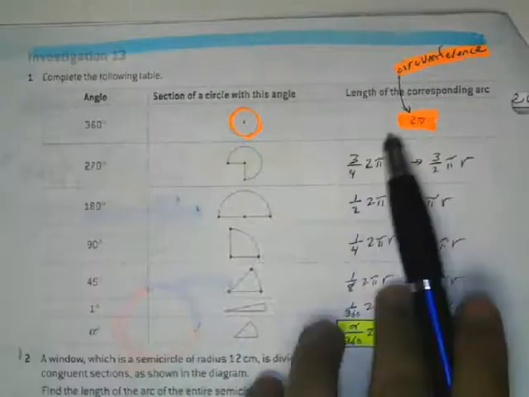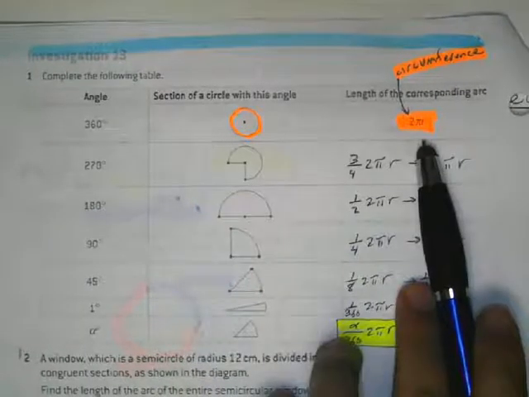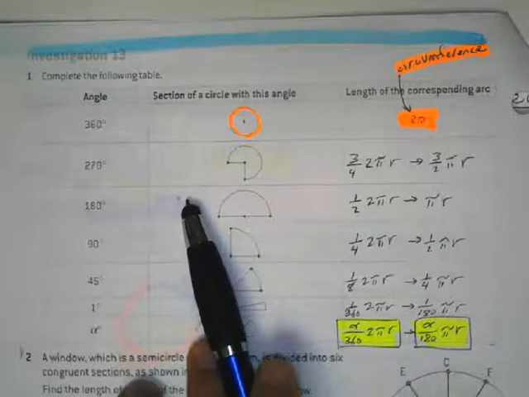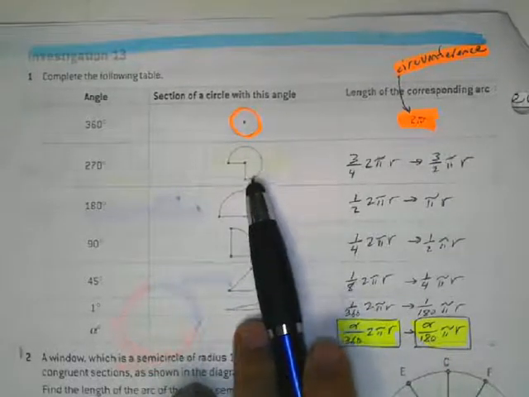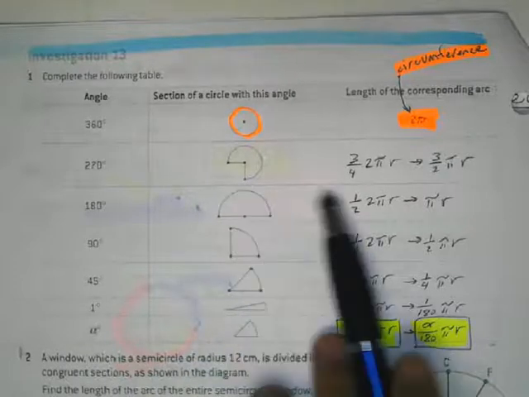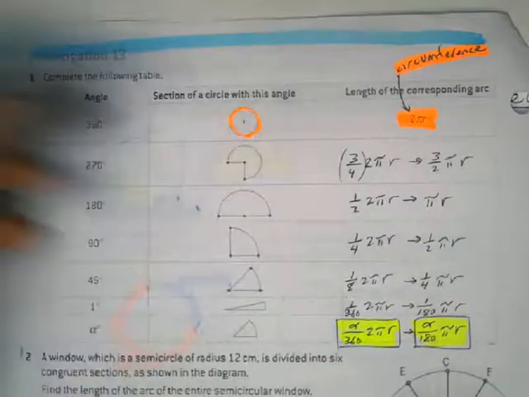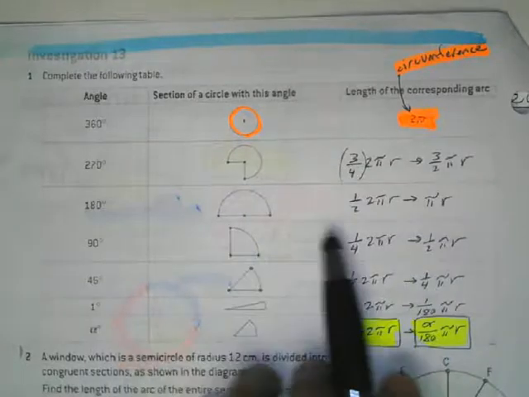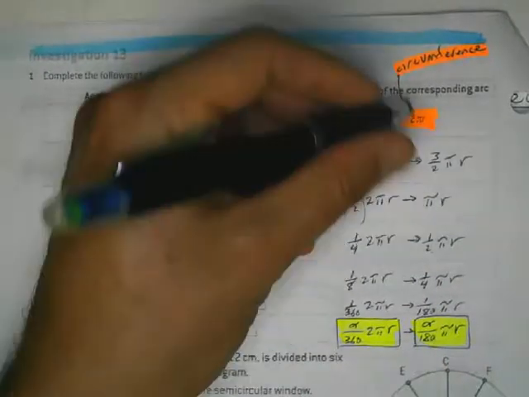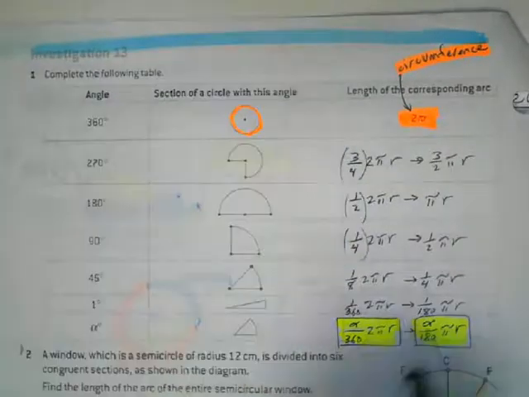As we said, the circumference, the length all the way around the circle, is 2 pi r. In our activity today, we realized this picture has a quarter of it taken out, looks like Pac-Man. So I've multiplied this by 3/4 because it's 3/4 of a circle, and then it simplifies to this. This is half of a circle, so I multiplied 2 pi r by a half. This is a quarter circle, so I multiplied by a quarter.